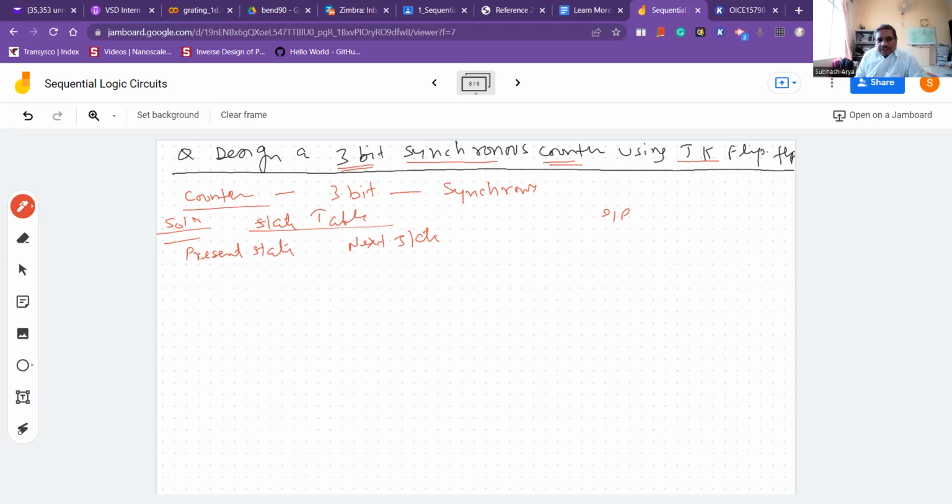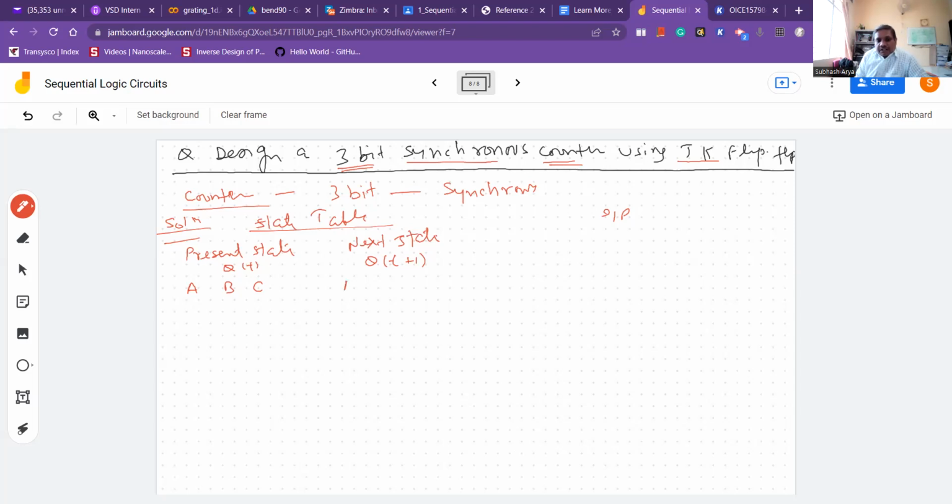So the present state is Qt, the next state is Qt plus 1, and here we will have the inputs. In the present state, since it is a 3-bit counter, we need 3 flip-flops. Suppose flip-flop A, flip-flop B, flip-flop C. The outputs of these 3 flip-flops are Qt. The same flip-flop will change its state, and that will be the next state.